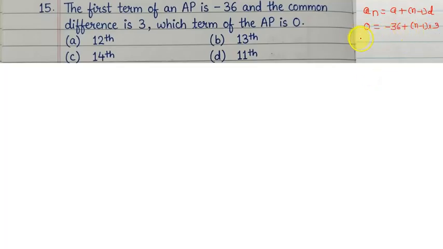Shift this minus 36 to the left hand side. Therefore (n minus 1) into 3 is equal to 36. Therefore n minus 1 is equal to 36 upon 3, which is 12. It implies that n is equal to 13, and hence option B is correct.